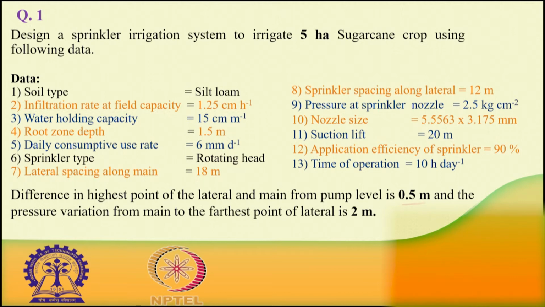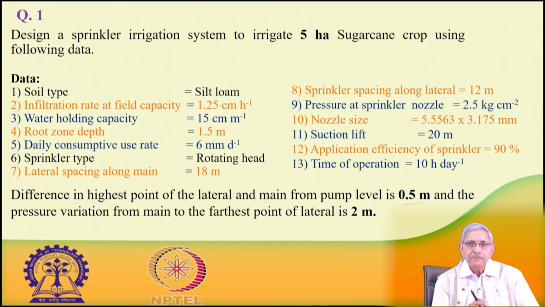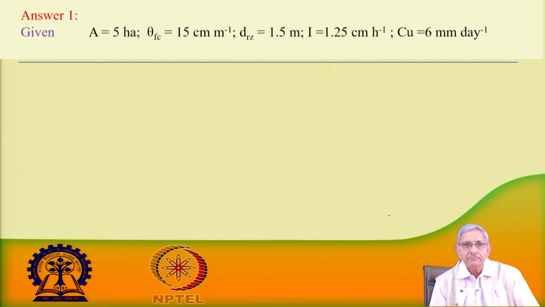When we are placing the lateral, the last sprinkler attached to the lateral and the first sprinkler attached to the lateral connected with the main have an elevation difference of 2 meter. So, these data we will use while we solve the problem.